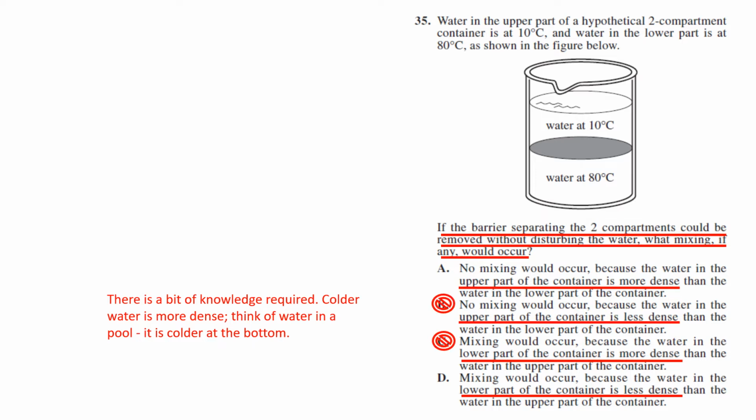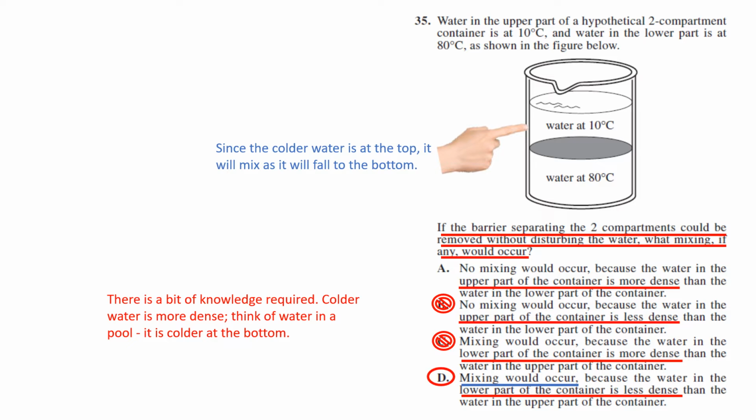So we're going to eliminate choice B and C. The upper part is less dense. That's not true. And the lower part is more dense. That's not true. So since the colder water is at the top, it's more dense. It will mix and fall to the bottom. So your answer has to be D. A little bit of knowledge, a little bit of critical thinking.